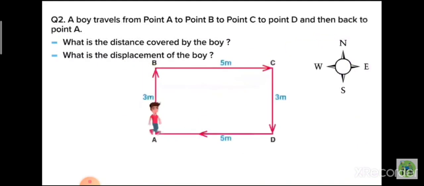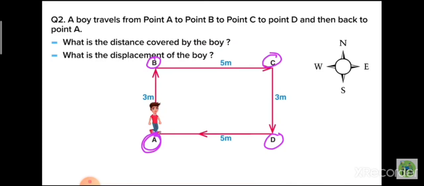Let's see another example. Here a boy travels from point A to point B, to point C, to point D and back to point A. So the boy moves in a complete rectangle and comes back to point A. How much distance is covered by the boy and what is the displacement of the boy?